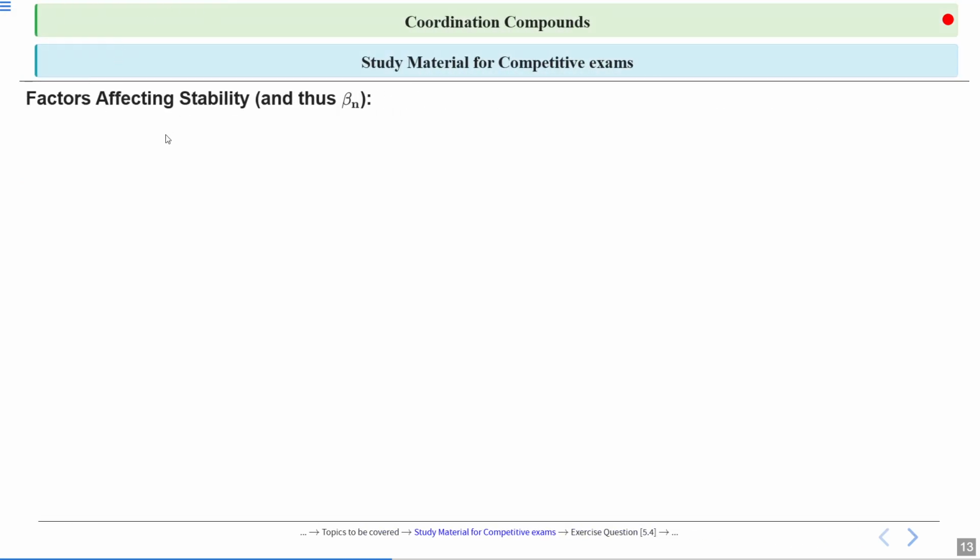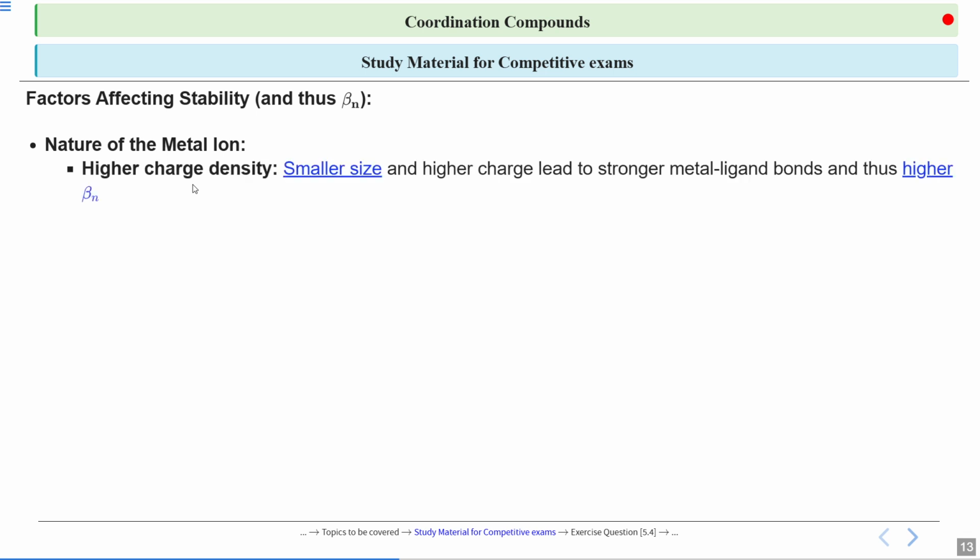Factors that affect the stability, that is the beta n, of any complex. First of all is the nature of the metal ion. The higher the charge density, so if there is a small size and higher charge of the metal ion, it leads to stronger metal-ligand bonds and thus higher beta n.